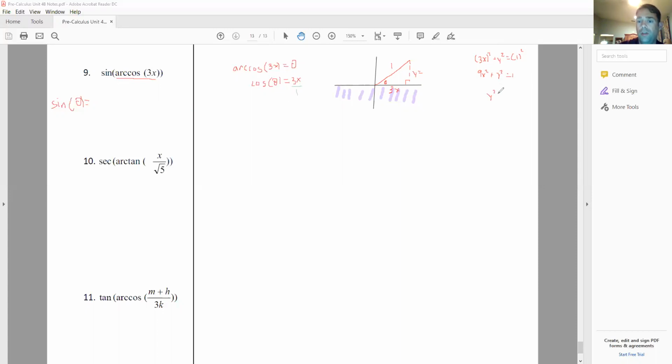So y squared is 1 minus 9x squared. And we are going to do the square root. Now, even though I'm dealing with just variables, I'm still putting a plus or minus in front of it. But since it's always going to be drawn in quadrant 1, just realize it's always going to be the positive square root, 1 minus 9x squared.